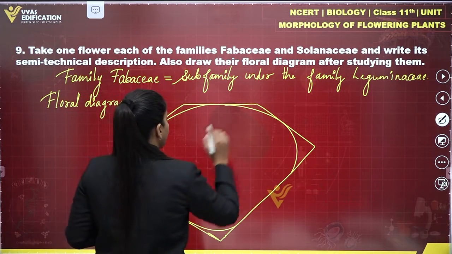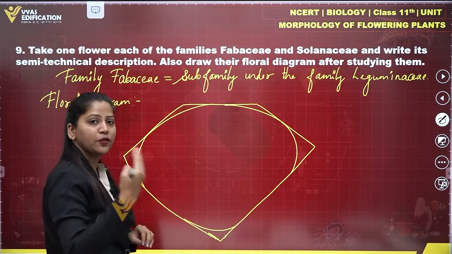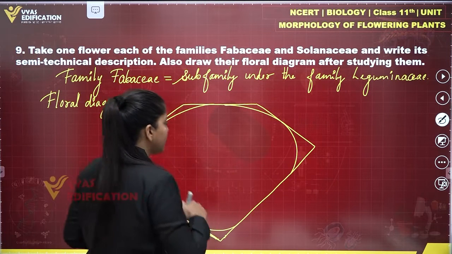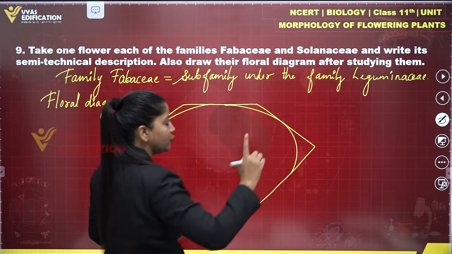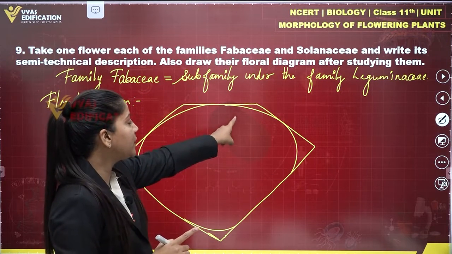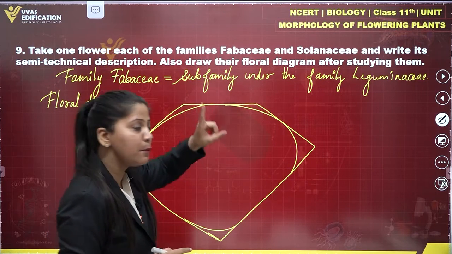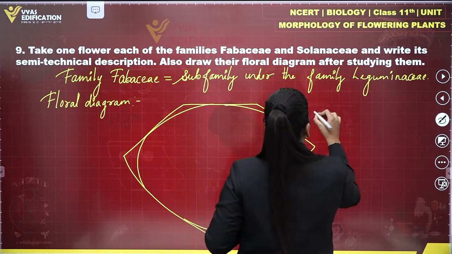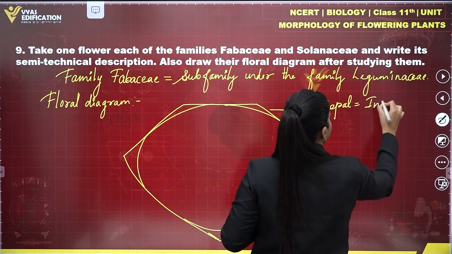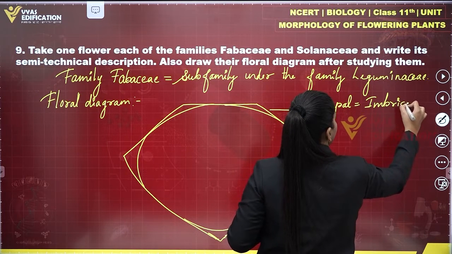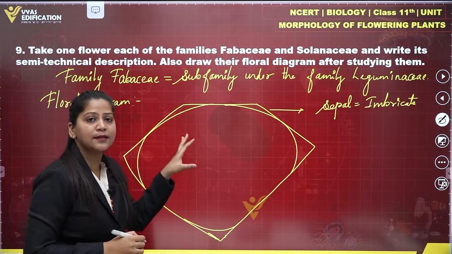Now, they also have 5 petals or corolla. First of all, if we talk about the arrangement, then the arrangement of sepals is imbricate. The estivation of calyx is imbricate.